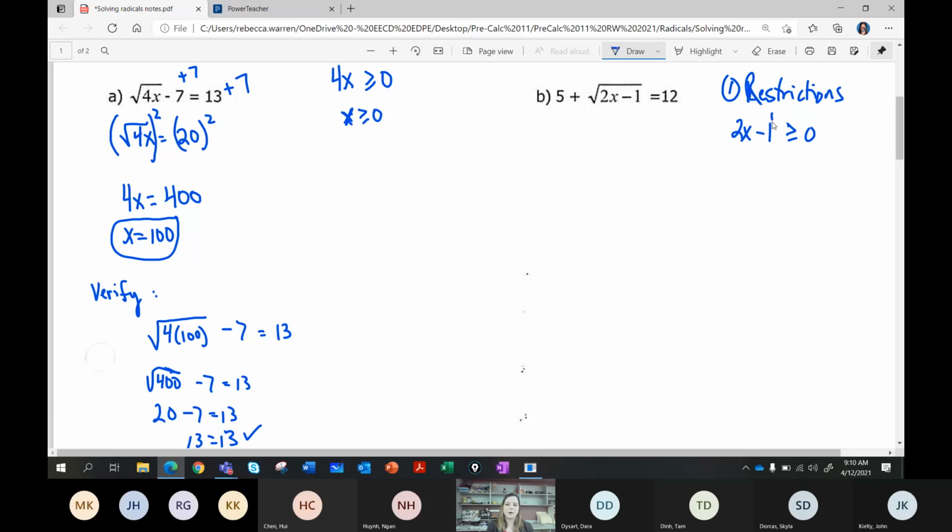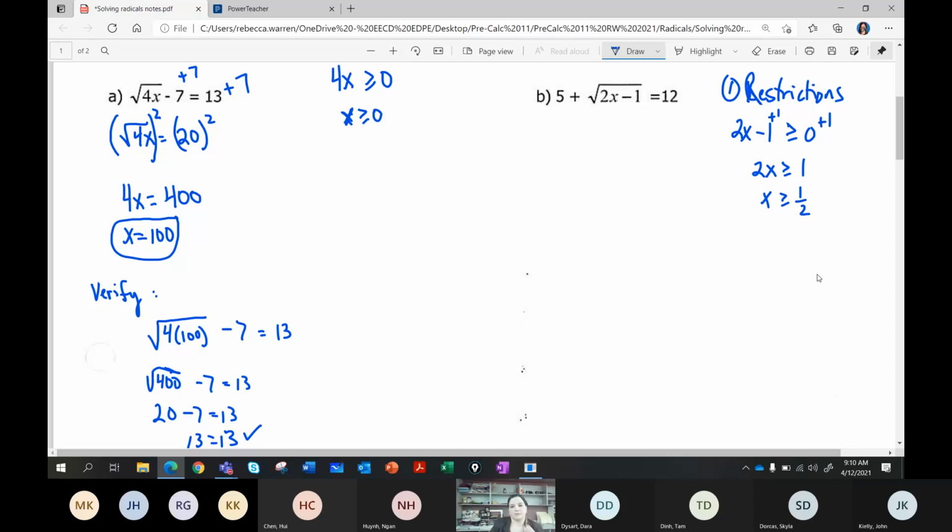You add 1, and now it will occasionally make a difference that it's not an equal sign, but anyway, you get 2x is greater than or equal to 1, and then you divide by 2. So x is greater than or equal to 1/2.